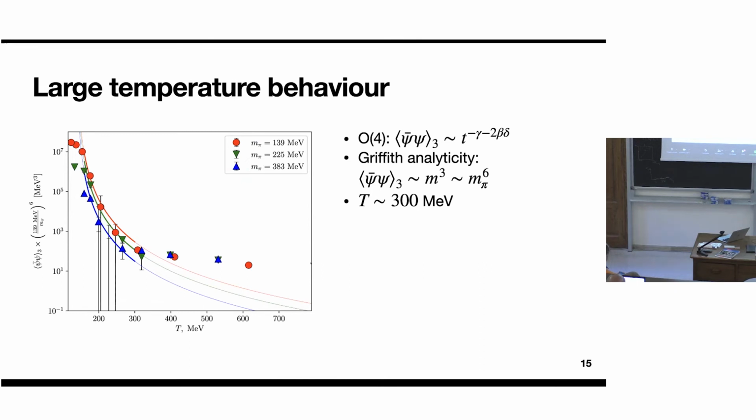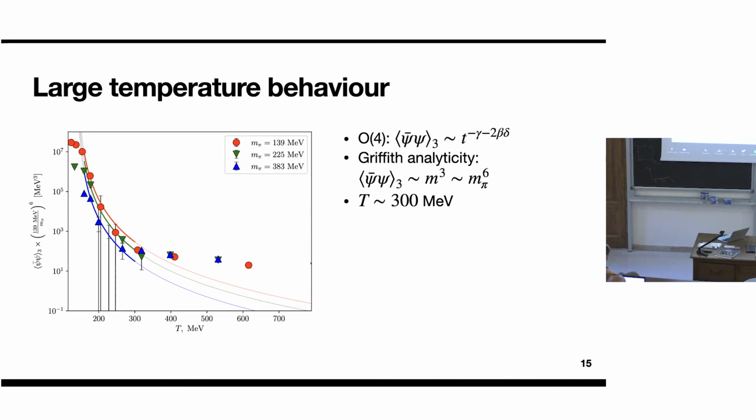The reason why I do it is that in the symmetric phase, one would expect that its Taylor expansion starts from m to the cube. So the curves should collapse onto one if this is so. And indeed, if one takes temperatures larger than 300 MeV, all the points collapse on one curve nicely.